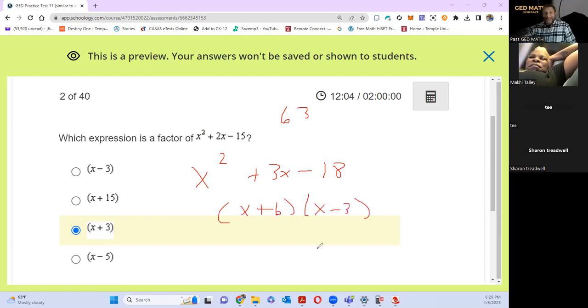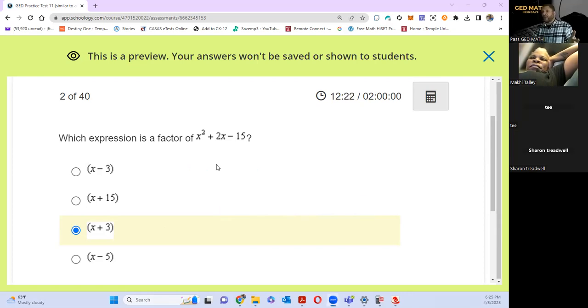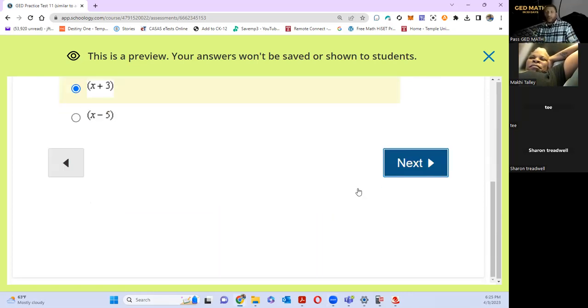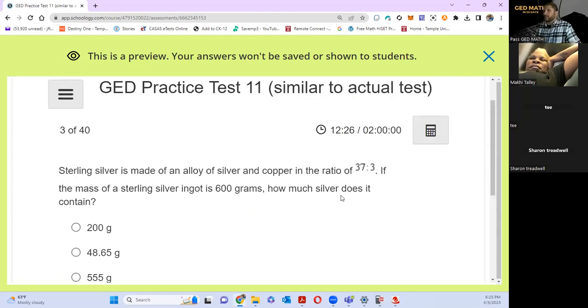If you do them enough, you should know that you have to combine the two numbers to give you the middle coefficient, and multiply them to give you the last term. That gives you practice. That's why I can look at a quadratic equation when A equals 1 and get the answer. And that's why I had that quiz in school, so you get practice.